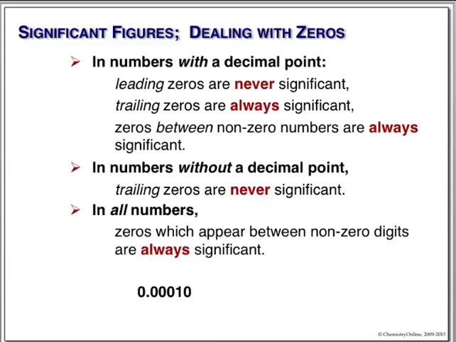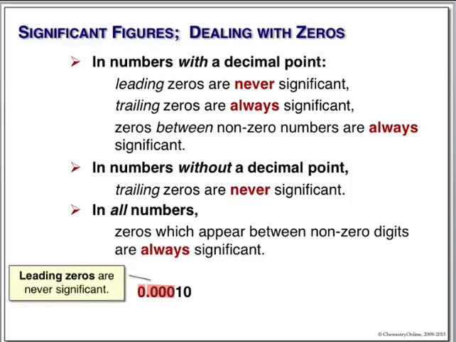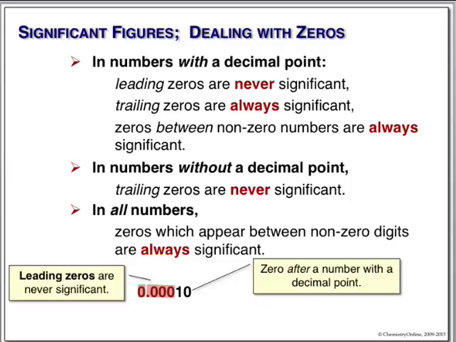Do we have a decimal point? Absolutely. Therefore, all of the leading zeros disappear. We have a trailing zero, but that's real. Therefore, this has two significant figures.